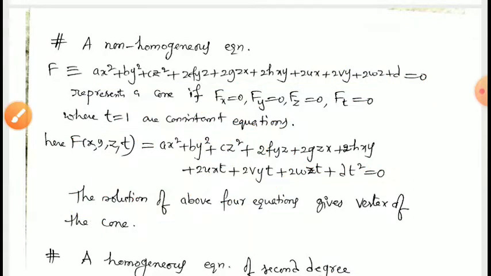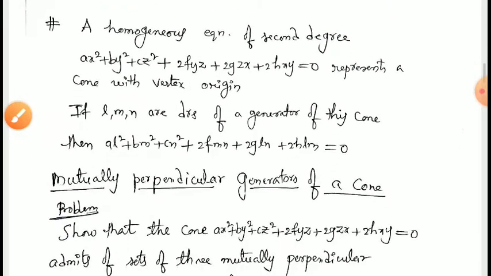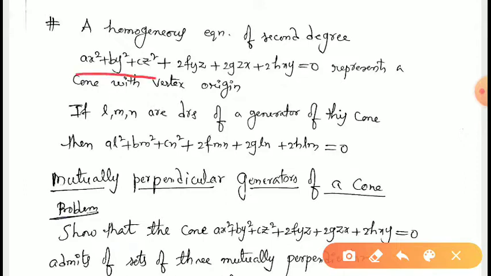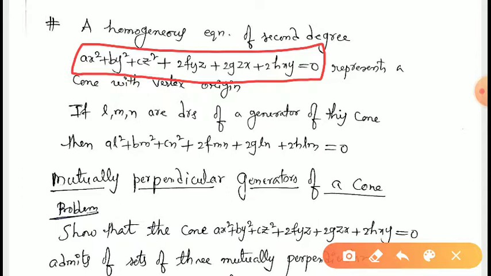This is the condition. See this. Here this is the homogeneous equation of second degree in the variables x, y, z. This homogeneous equation of second degree in x, y, z represents a cone with vertex at origin.